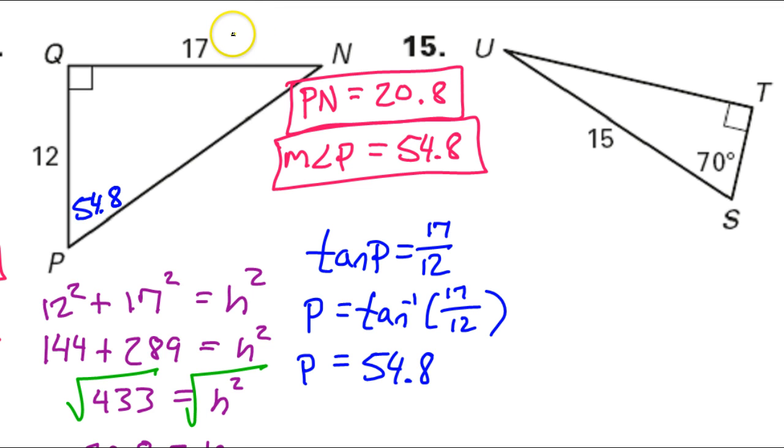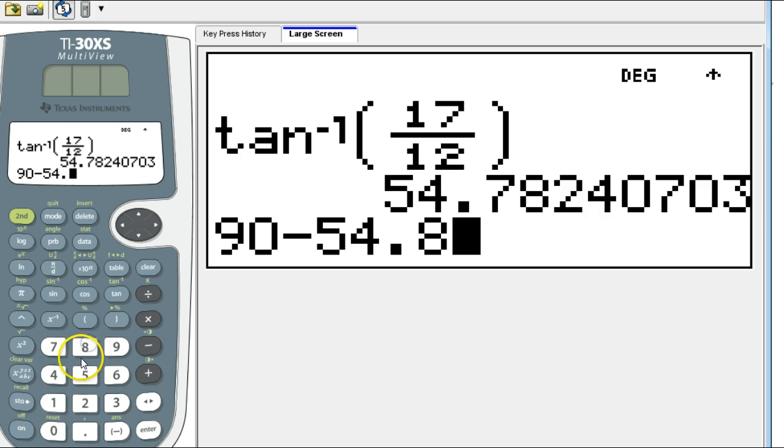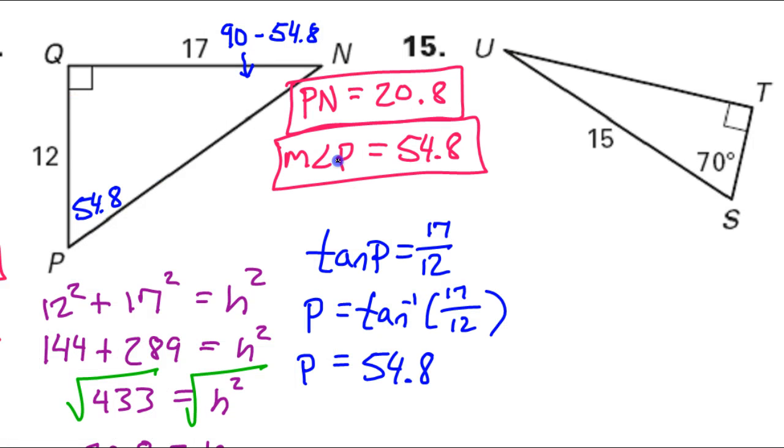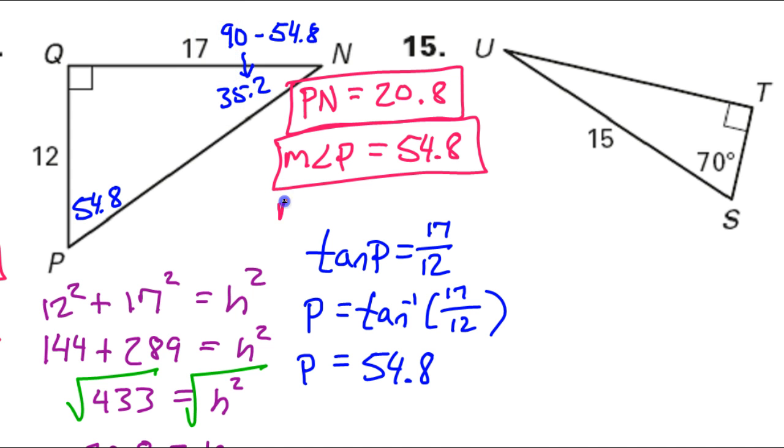So what I could do is just go 90 minus 54.8. So 90 minus 54.8 gives me 35.2. So that would be the third and final thing. The measure of angle N is 35.2.